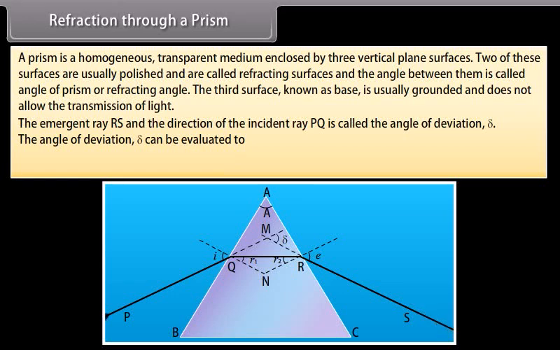The angle of deviation delta is equal to i plus e minus A.